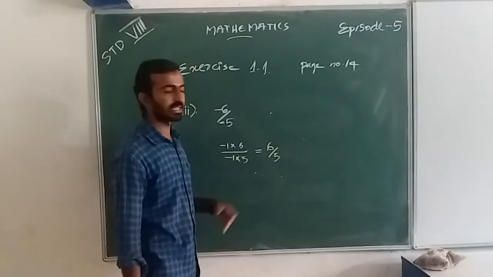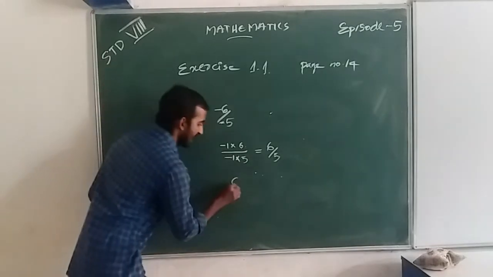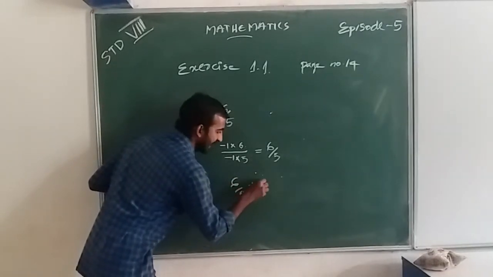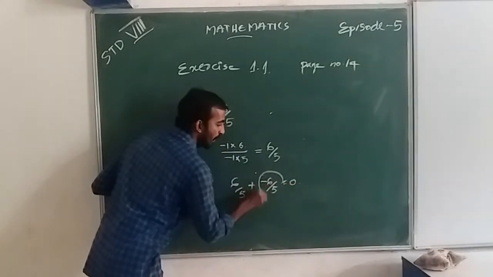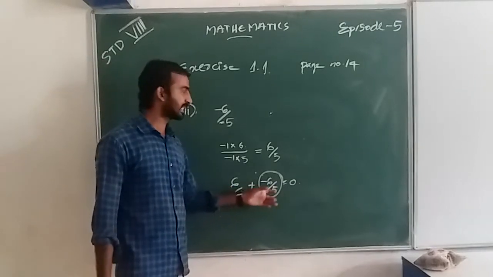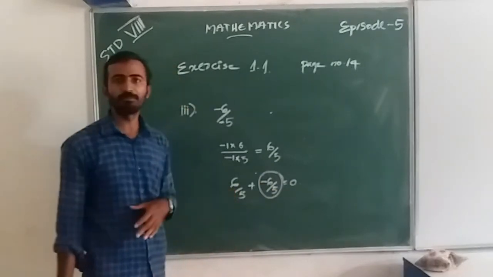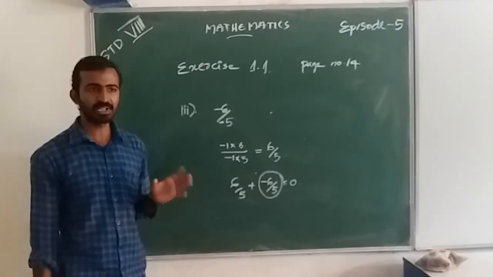What is the additive inverse of 6 by 5? 6 by 5 plus negative 6 by 5, you get 0. So negative 6 by 5 is the additive inverse of 6 by 5. Can you follow? Can you understand?